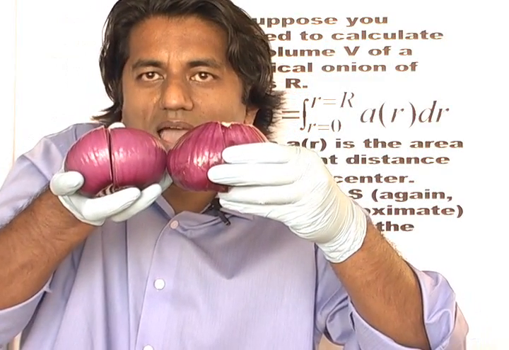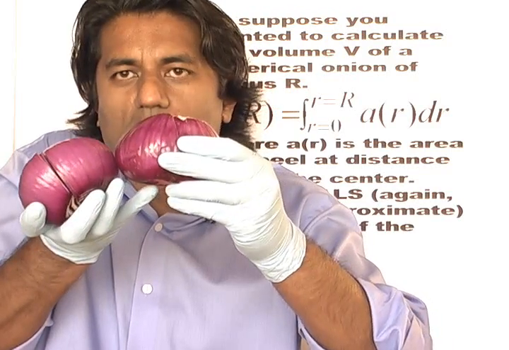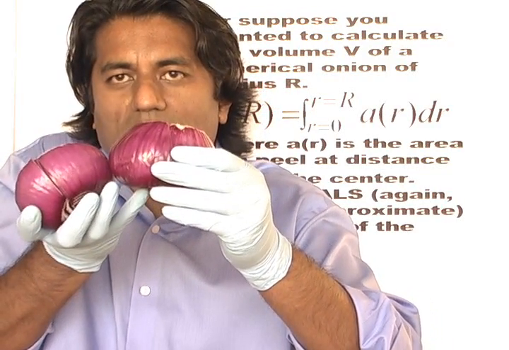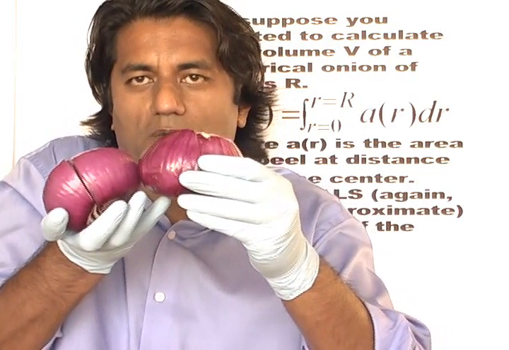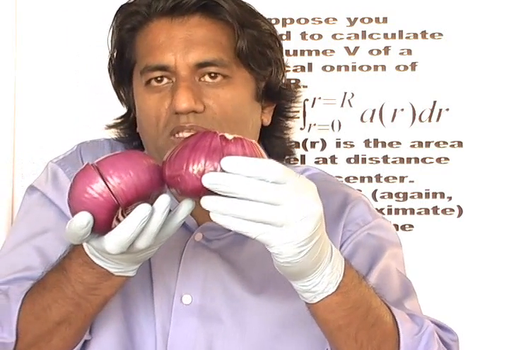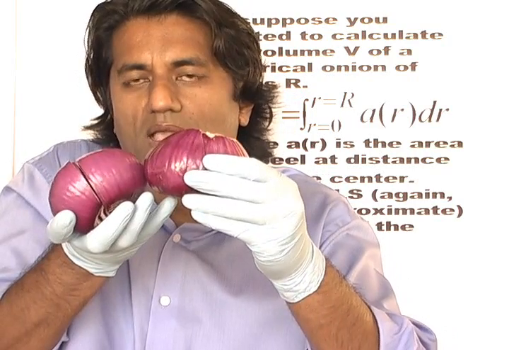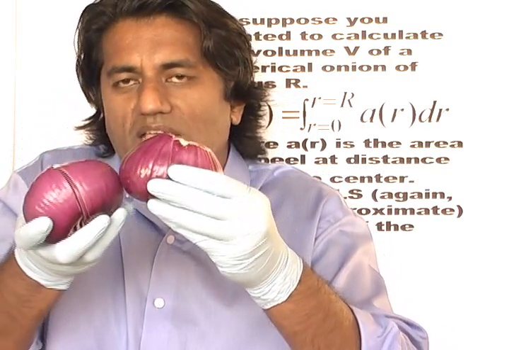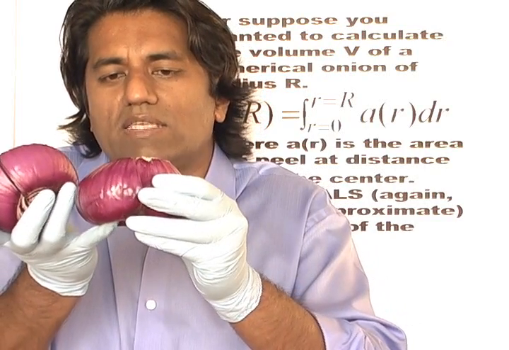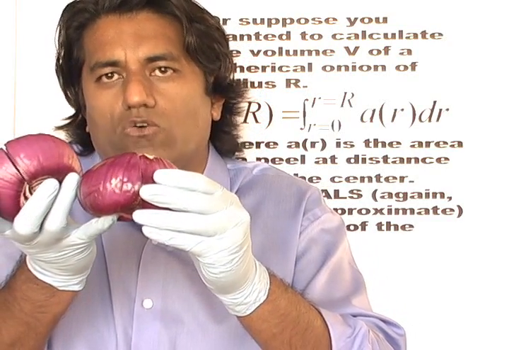Now, applying the idea similar to what we were doing with distance, we say, okay, this outer sphere has an outer surface area and an inner surface area which are quite close.